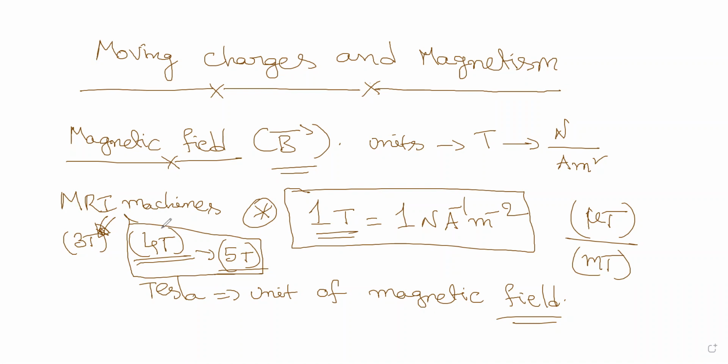That is a humongous amount of magnetic field. To give you a feel for the numbers, I am telling you this funda. Now, this is about the magnetic field, and how it is connected to the electric field and electric charges is what we are going to study in this chapter. This is the brief introduction.